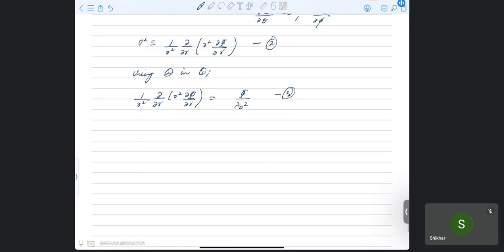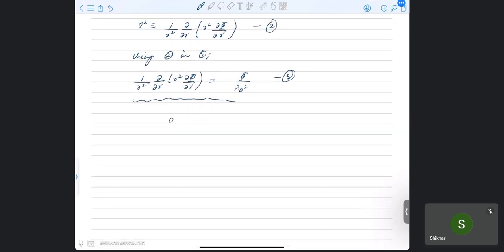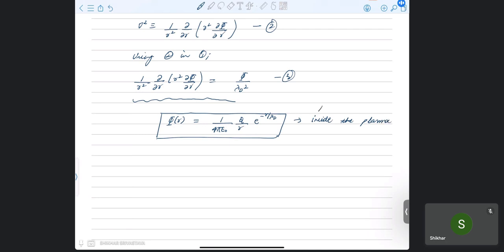Now if you solve this second order differential equation for the potential, the solution will be something like 1 upon 4 pi epsilon naught, q upon r, into exponential of minus r by lambda D. This is the general expression for the potential inside the plasma.